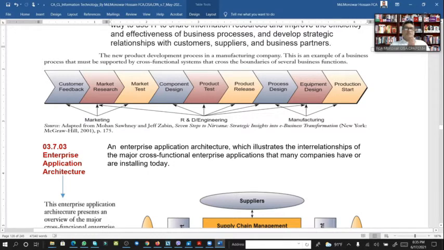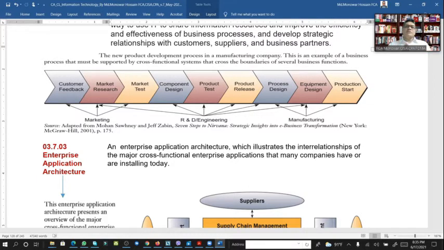Customer feedback, market research, and market test, these three items are within marketing. And then the component design or product design, product test, product release, and also process design and equipment design.